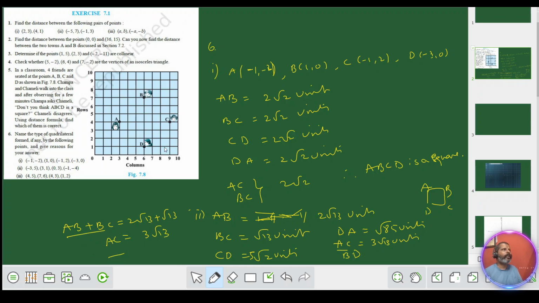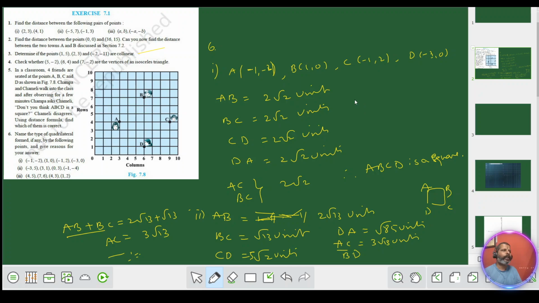Just now we saw in the third question, if the sum of two sides of a line equals the length of the line, then the points are collinear. So we can say here ABC are collinear points. Out of 4 points, if 3 are collinear, you cannot form a quadrilateral. That is already a known thing.